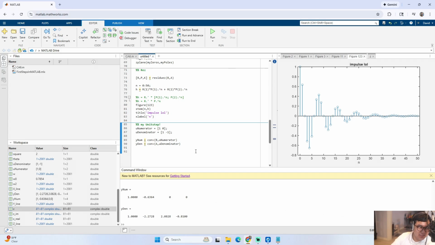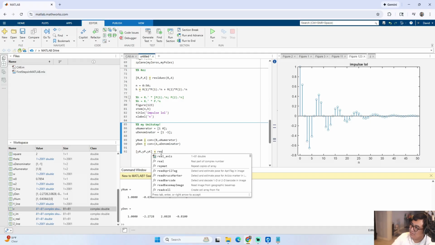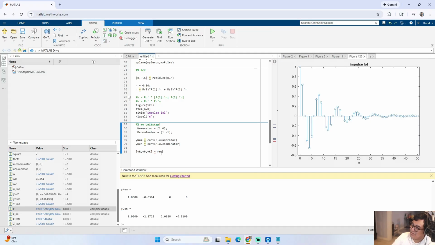All we need to do, because we're looking for the residues, is this: I need to know the residues. So if I do yr residue, y's poles, and y's gains, residues of y num, y dem.